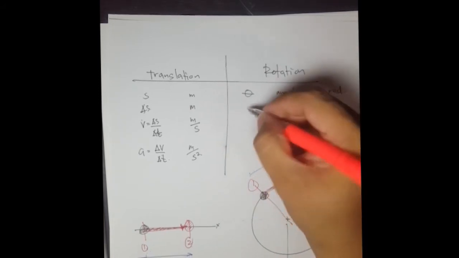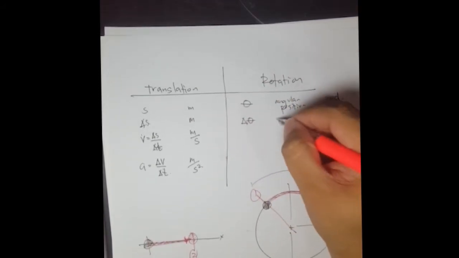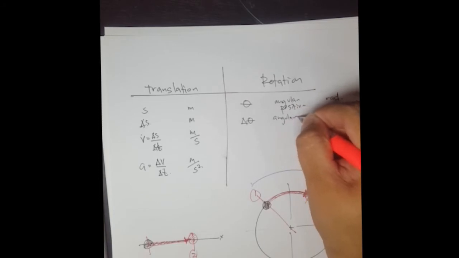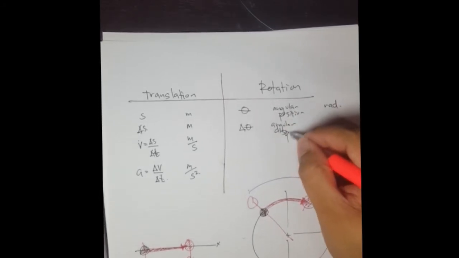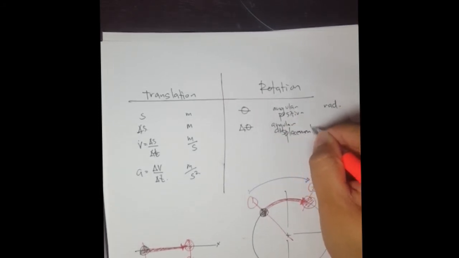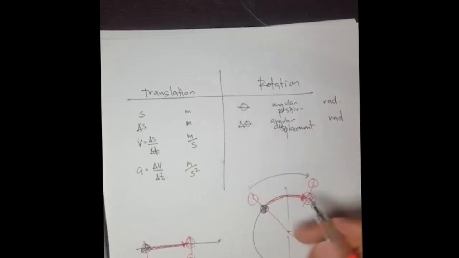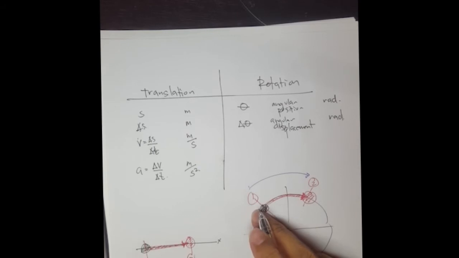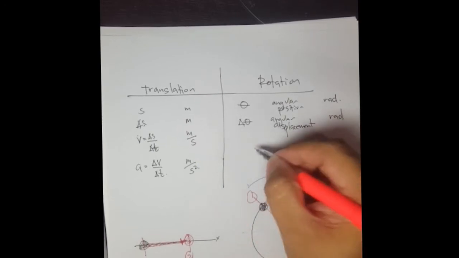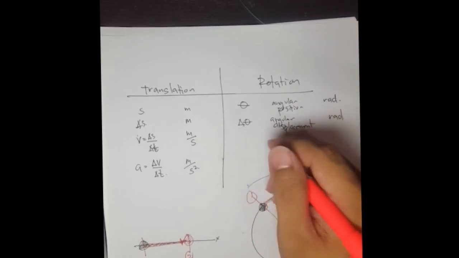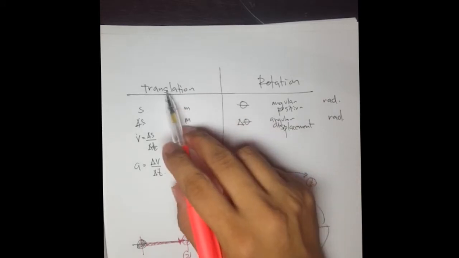We write delta theta, or angular displacement. The unit's still in radians. Then the rate of change, how fast the position is changing, we called velocity for translation.